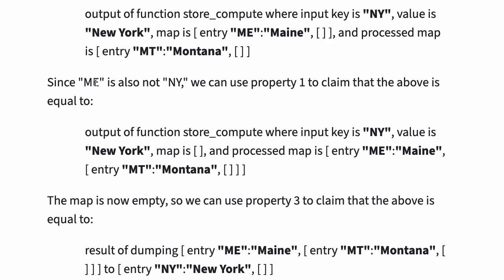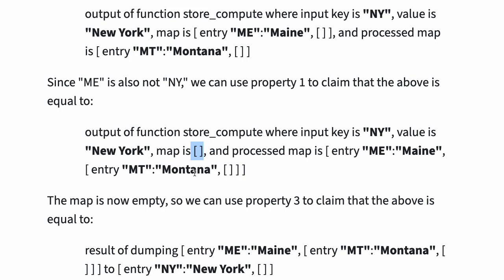Since ME is also not NY, we can use property 1 to claim that the above is equal to the output of function store compute, where input key is NY, value is New York, map is now empty, and the processed map is ME Maine and MT Montana.